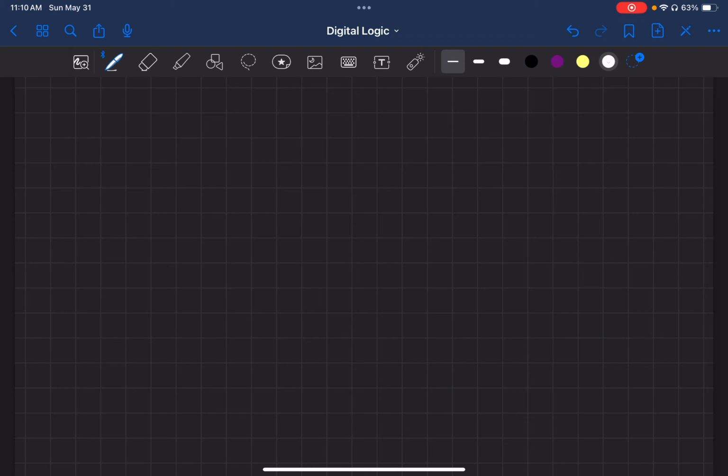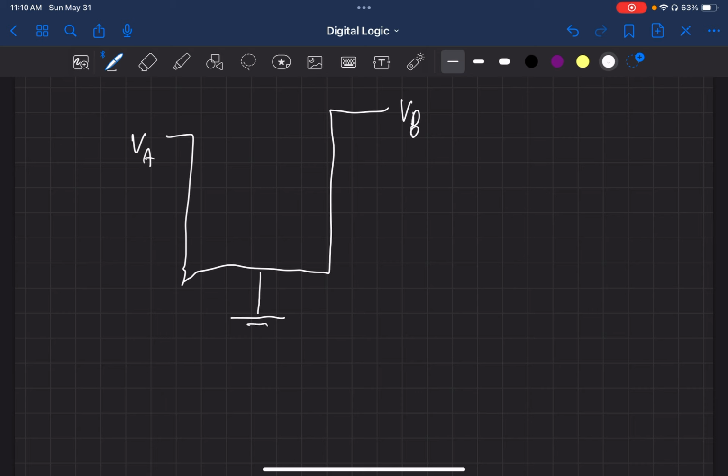So we have VDD, or maybe it's better to draw it like this. We have VA, you have VB. These are just general lines. Usually we'd have an enable to turn it on, but we'll just ignore that.